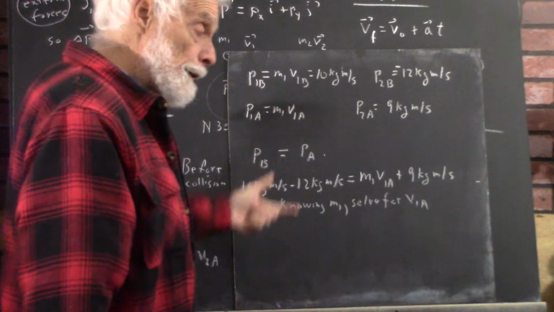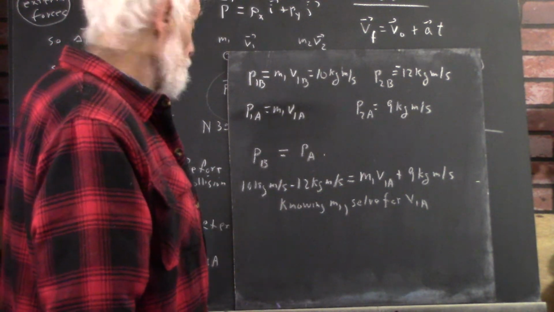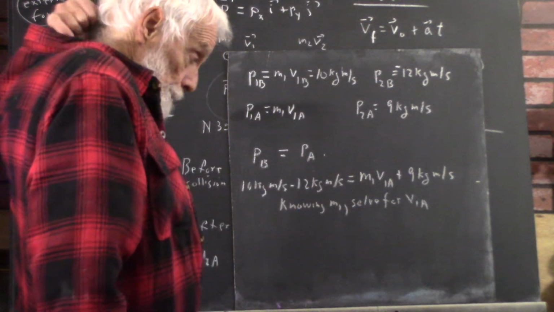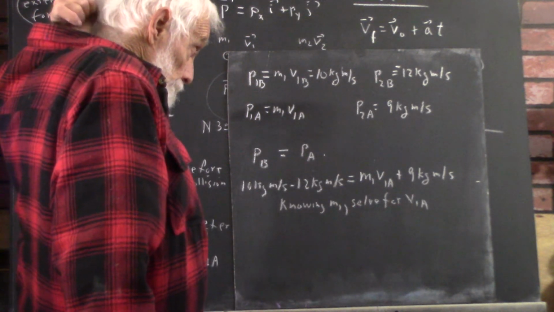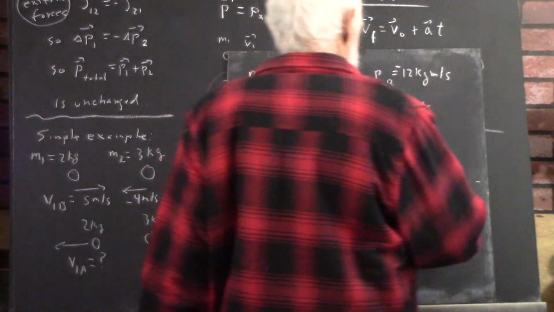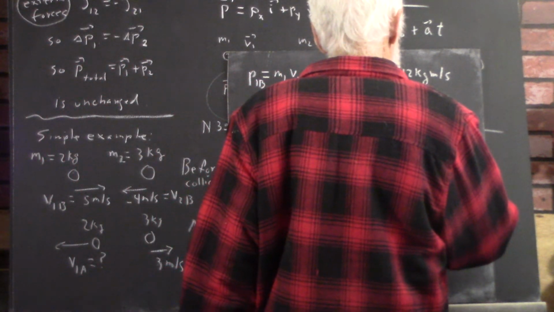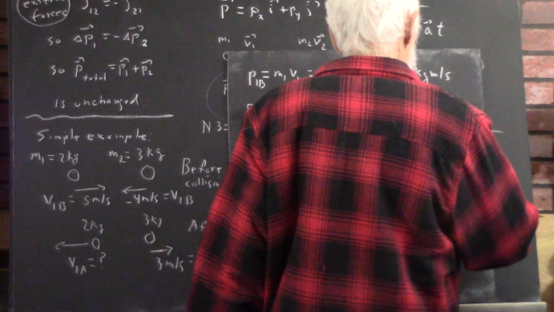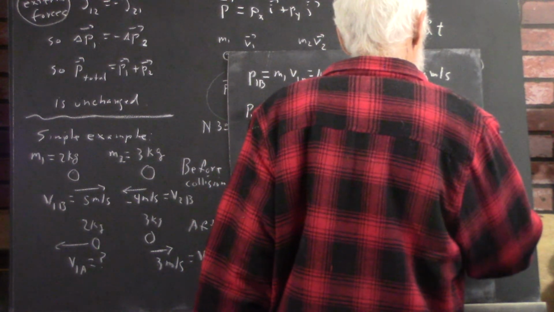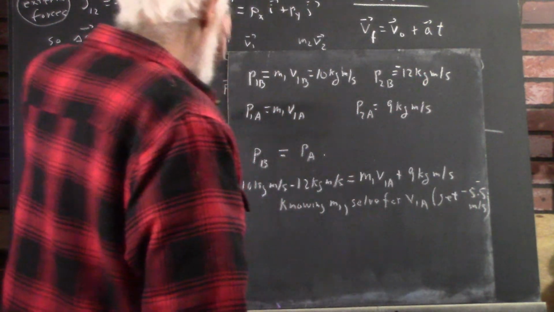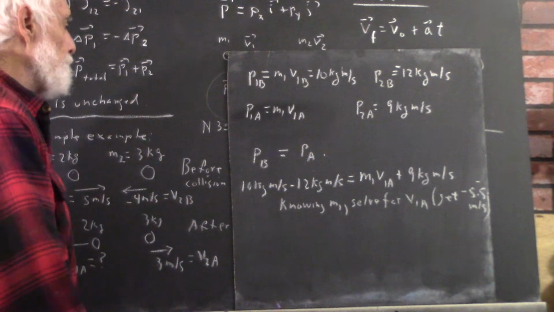Add negative 9, you're going to have negative 11 kilogram meters per second. M1 is 2 kilograms. So you're going to get negative 11 kilogram meters per second over 2 kilograms. And you're going to get negative 5.5 meters per second.